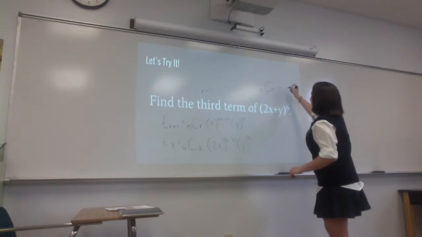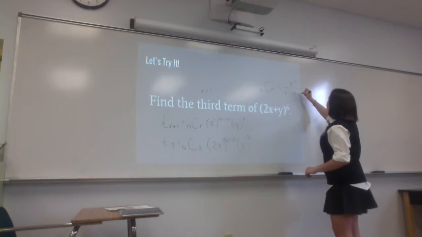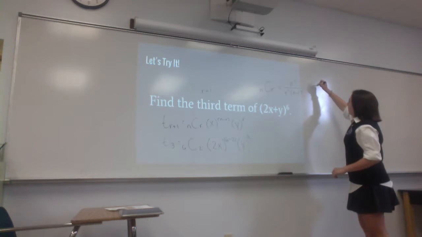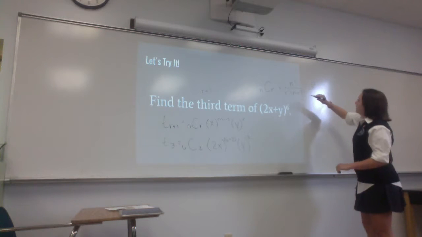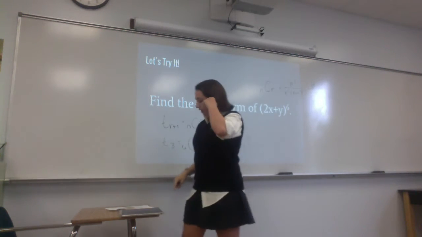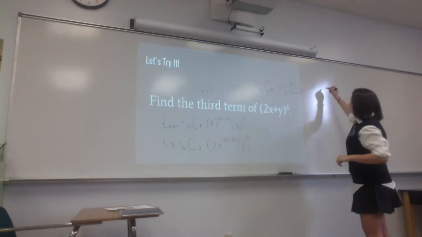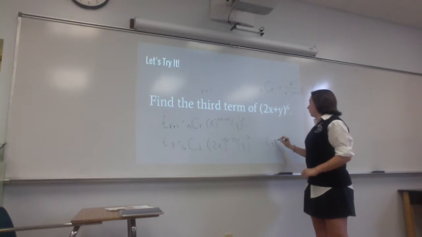So, it's going to be n factorial over r factorial times n minus r factorial. So we have 6 factorial over 2 factorial, and then 6 minus 2 is 4. There we go. And that would come out to 15.